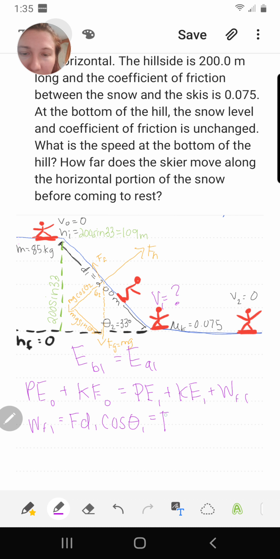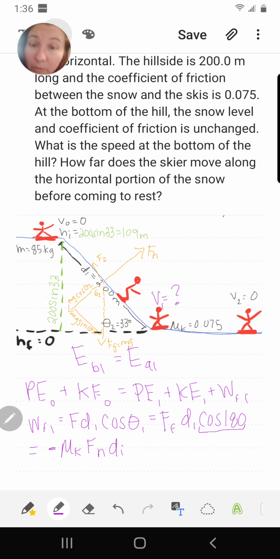So FF times D1 times the cosine of 180. Cosine of 180 is just -1. Okay. But what is FF? FF is just the coefficient of friction times the normal force. Okay, but the cosine of 180 is equal to -1, so we have a negative right here.